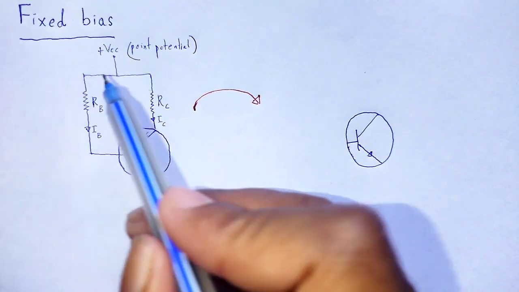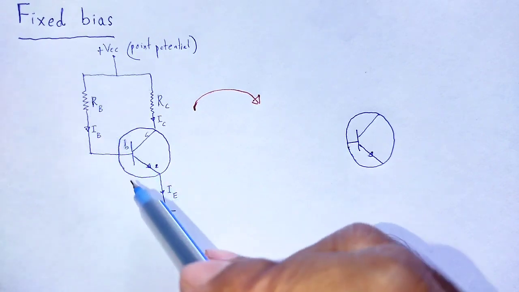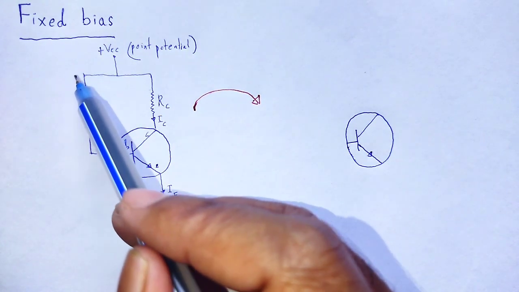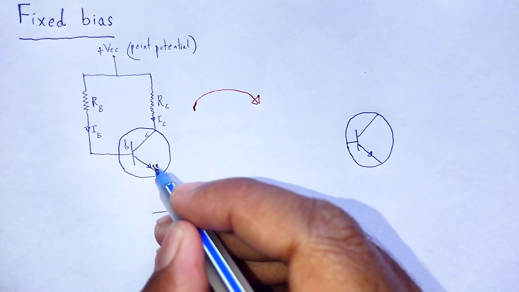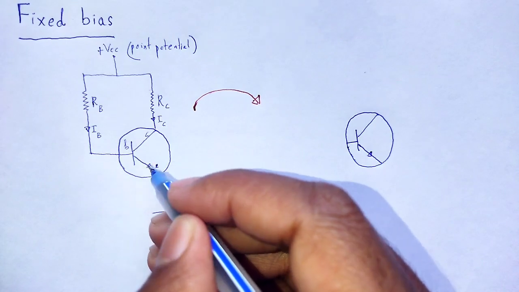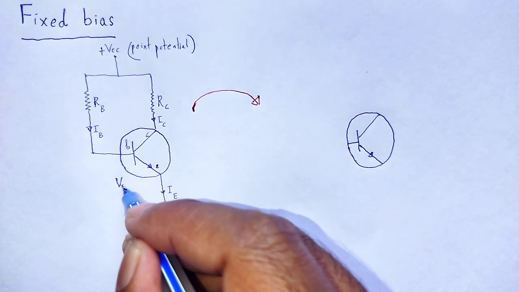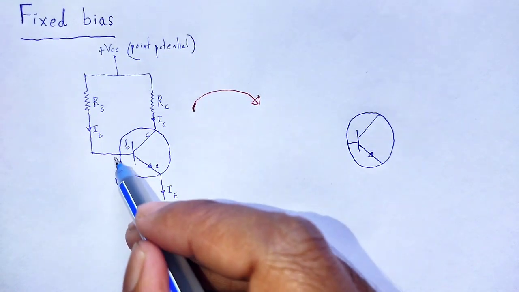That end is positive, that is earthed, higher potential, lower potential. We can say that is the positive end, this one is the negative end, and the potential difference across the emitter base junction is VEB, the emitter base potential.